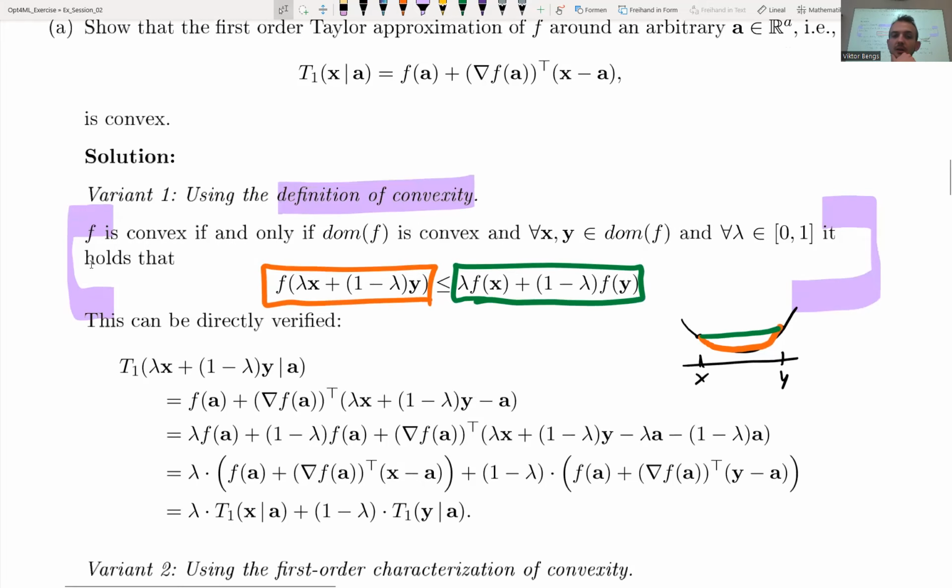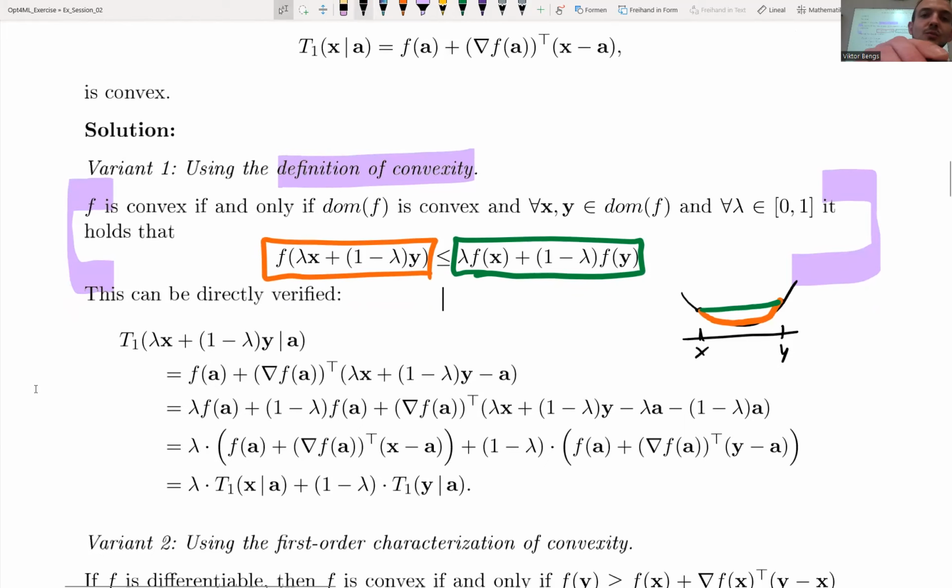Then what we have to show is that the first Taylor approximation of f is indeed fulfilling this inequality. Of course it's quite clear that this will be the case because it's a linear function, but nevertheless, let's do the extra round.